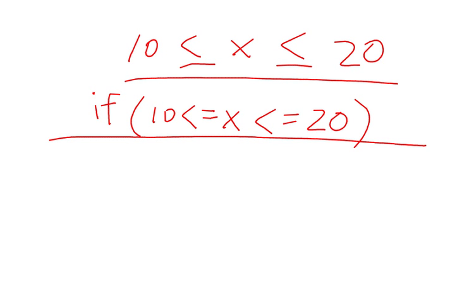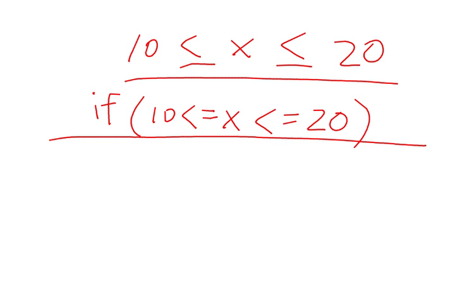How about if I have a value that's 5? Is 5 greater than or equal to 10? It's not, even though it is less than or equal to 20. So now if I have a value like 15, which does fall into this range, then I can say 15 is greater than or equal to 10, and it's also less than or equal to 20.